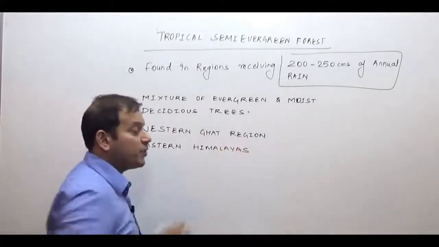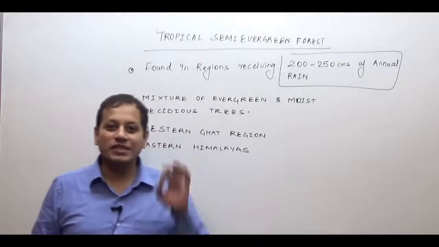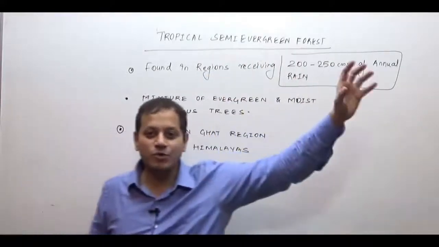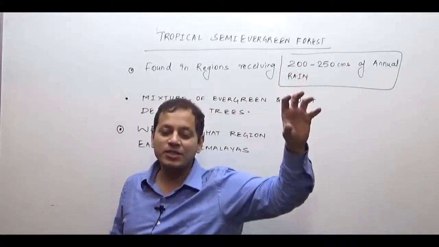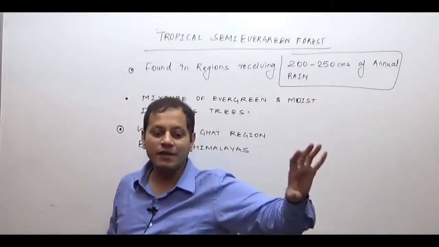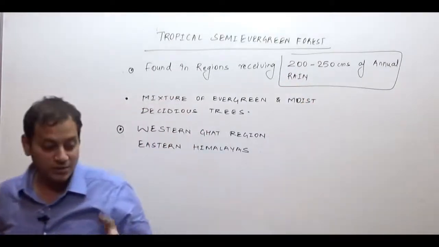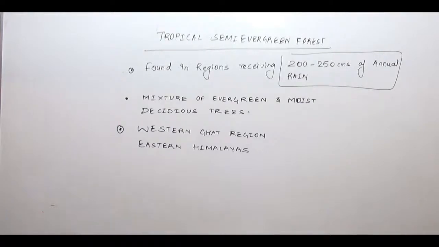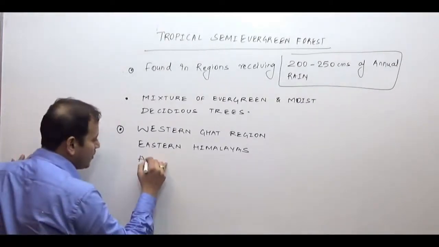Remember what we are doing? Only the Eastern Himalayas. The Western Himalayas, that is the state of Jammu Kashmir, Uttarakhand, Himachal Pradesh, do not get heavy rainfall. So not in that region. So they are found in the Eastern Himalayas and in the Andaman and Nicobar Islands.